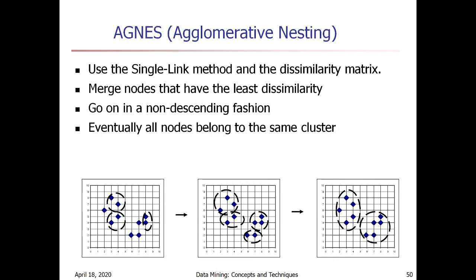Coming to the agglomerative method, it can be represented as AGNES or agglomerative nesting. It is a single link method and it also uses a dissimilarity matrix. The single link method is a method where you find the minimum distance between the points in one cluster to the points in the other cluster, and we find the most similar data that exists.